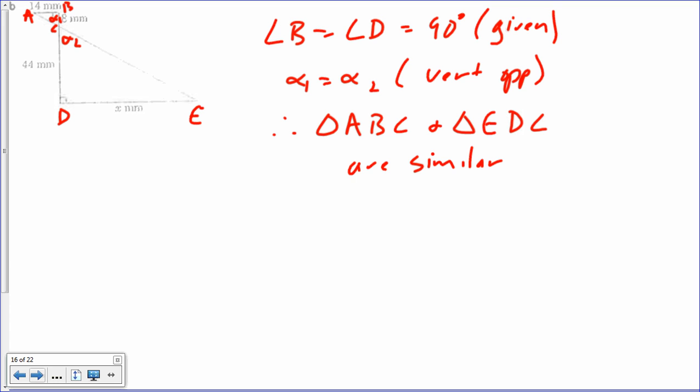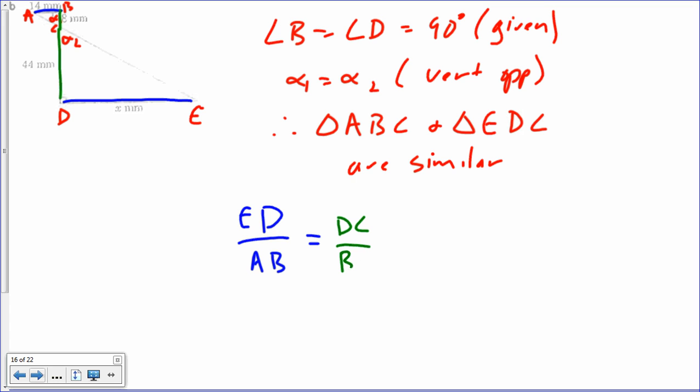And so therefore we can now calculate our sides. So that's the one I want. That's equivalent to that one. And then that's the other side mentioned, and that's equivalent to that one. So we're going to have ED over AD, and that's equal to DC over BC.